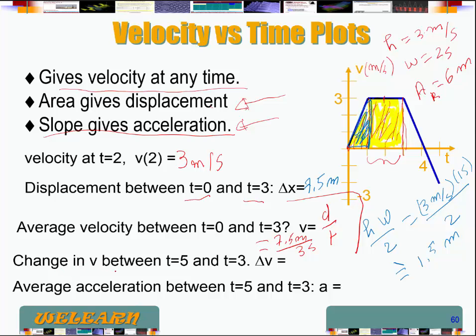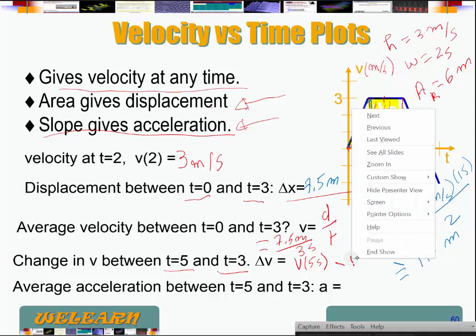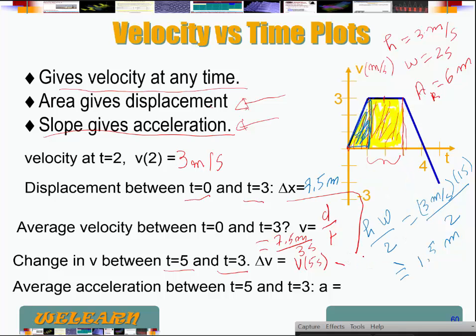What is the change in velocity between t equal 5 and t equal 3 seconds? So here it is asking us about v at 5 seconds and v at 3 and the difference between them, v at 5 minus v at 3. What's v at 5 seconds? So this is v at 5 seconds.